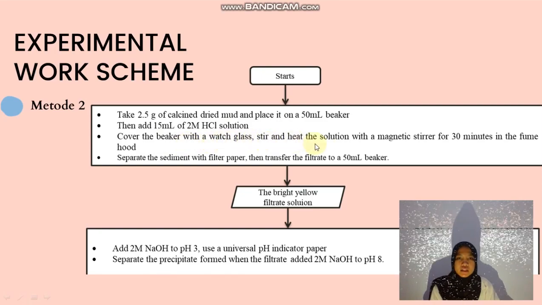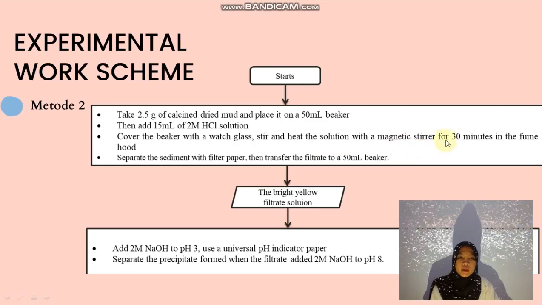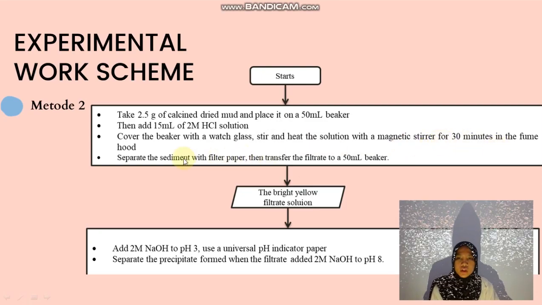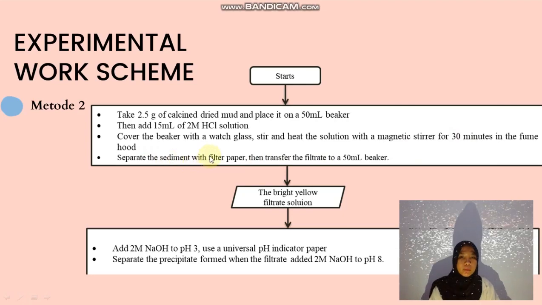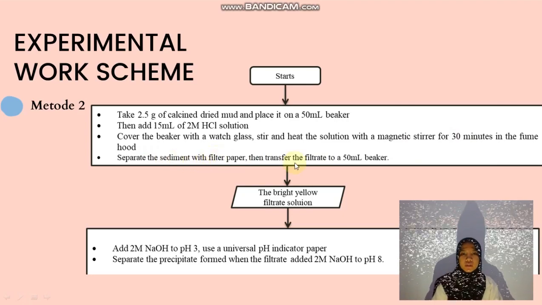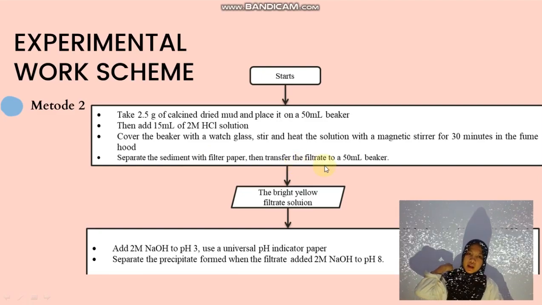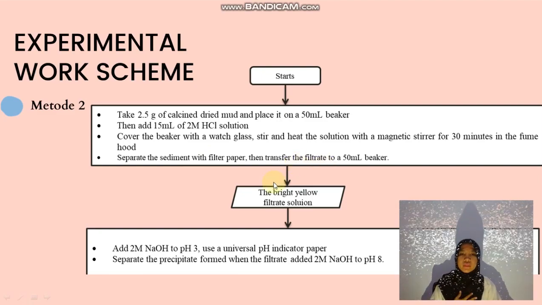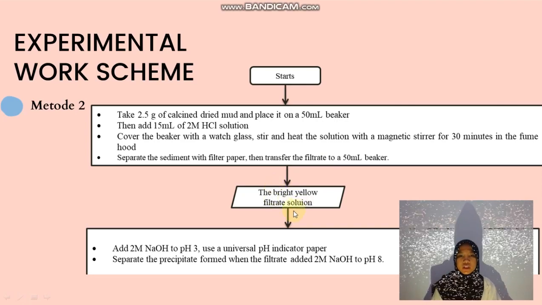Stir and heat the solution with a magnetic stirrer for 30 minutes in the fume hood. Separate the sediment with filter paper, then transfer the filtrate to a 50 ml beaker. The process produces a bright yellow filtrate solution.